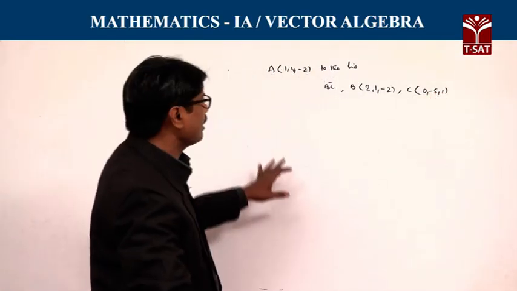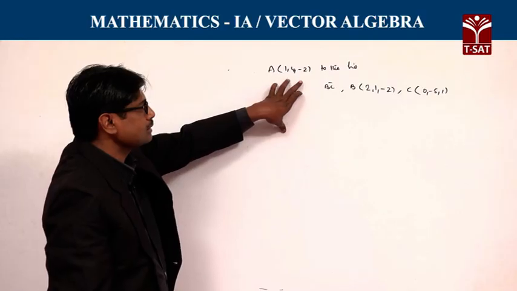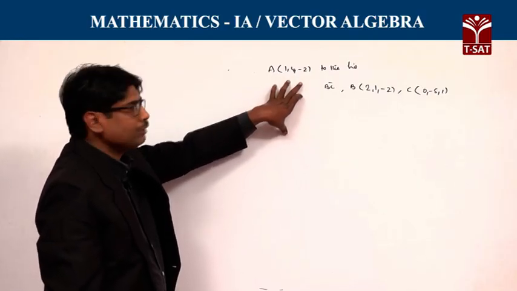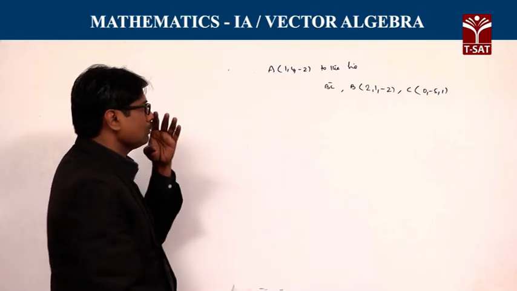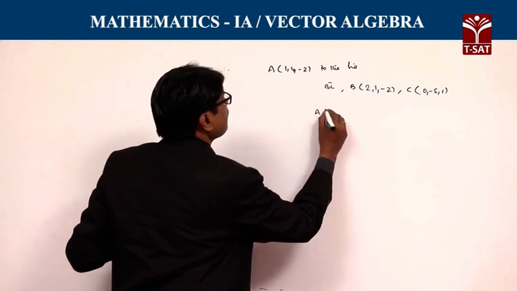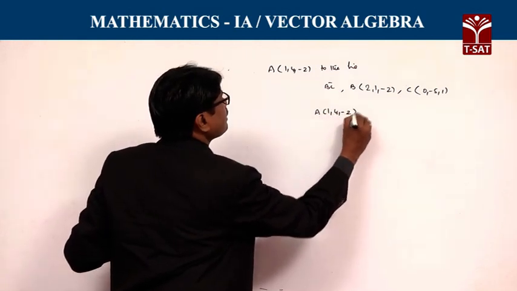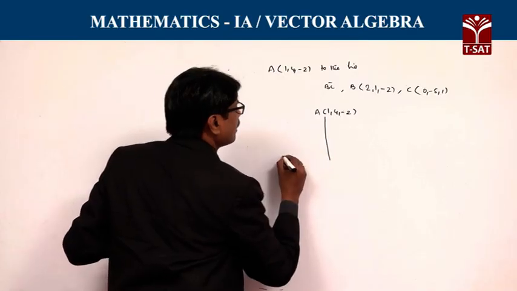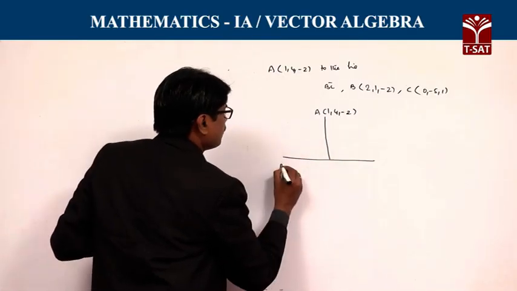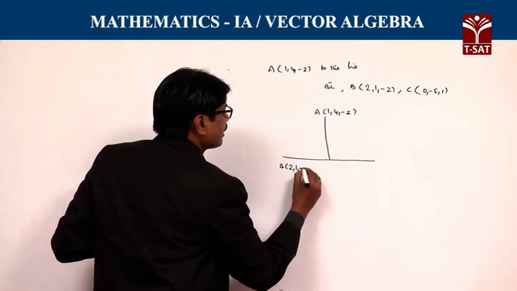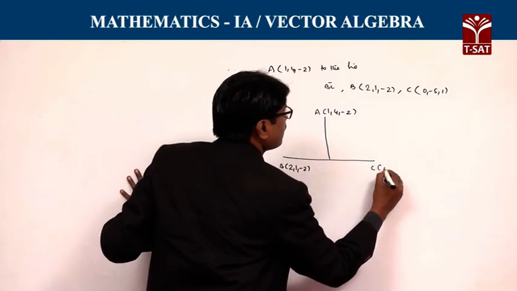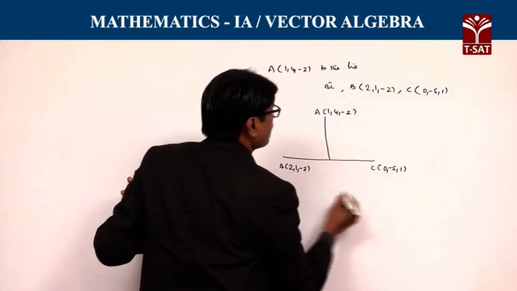Using cross product, we are finding the perpendicular distance from a point A to the BC line. You draw a projection. A is equal to 1, 4, minus 2, a perpendicular is drawn to the BC. B is equal to 2, 1, minus 2 and C equal to 0, minus 5, 1.